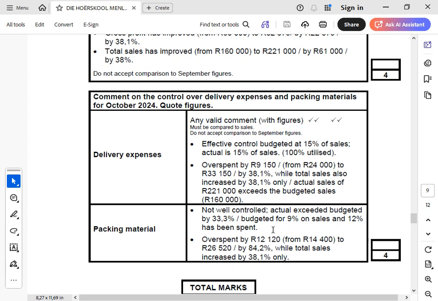The packing material: budgeted 9, actual 12, not well controlled. You don't even have to write not well controlled. They're literally going to look that you say actual percentage of sales 12, budgeted 9. It's about if you know the link and you know to do the percentage.